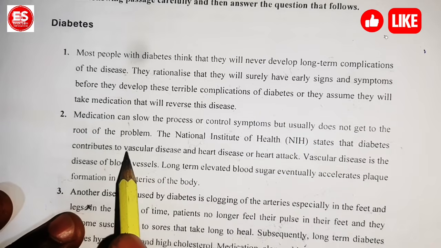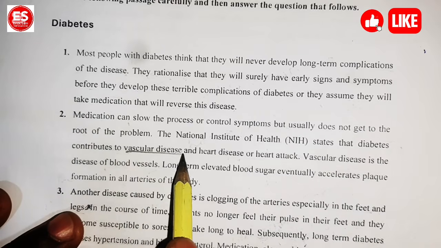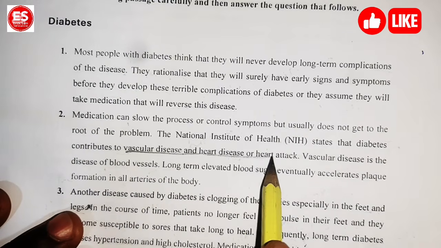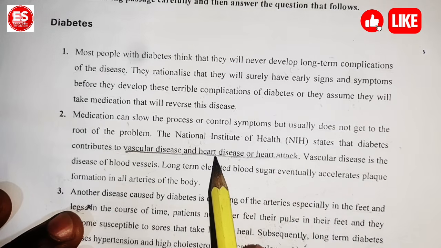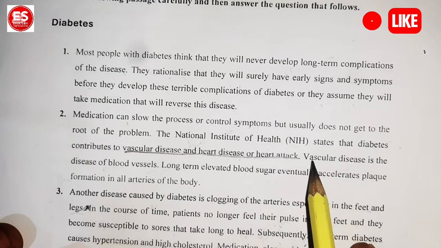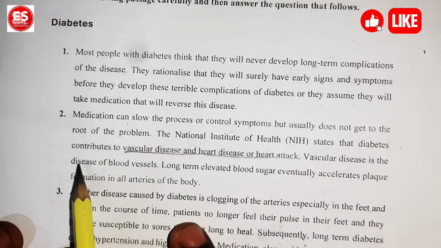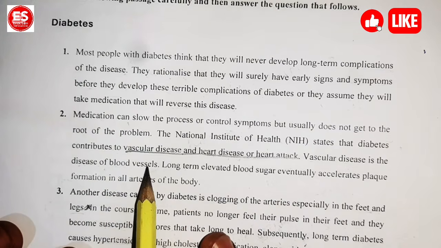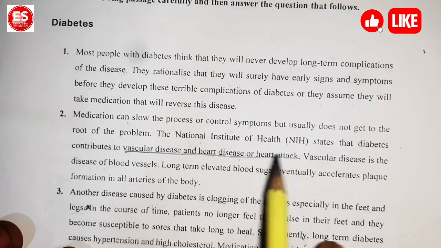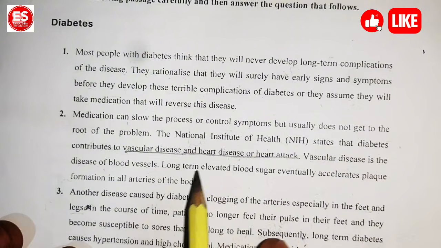All right. So we are told that this disease contributes to this, right? Now let's go. Vascular disease is the disease of blood vessels. So in this case, they are explaining this point, right?